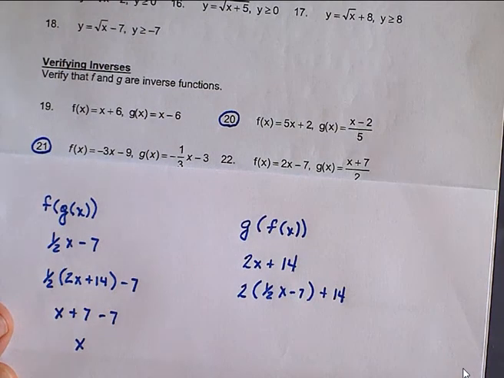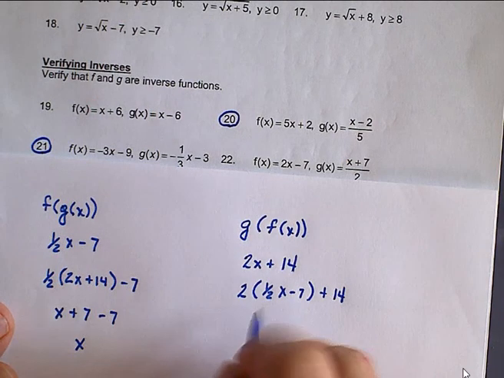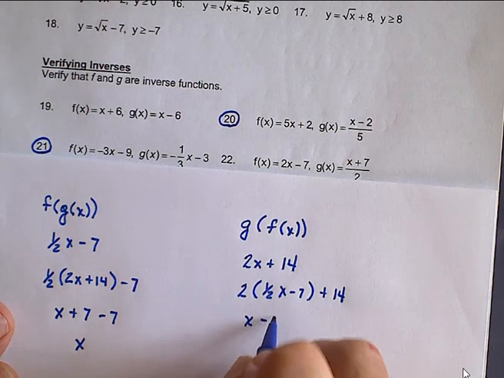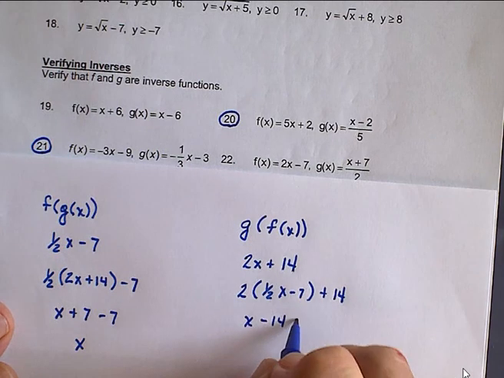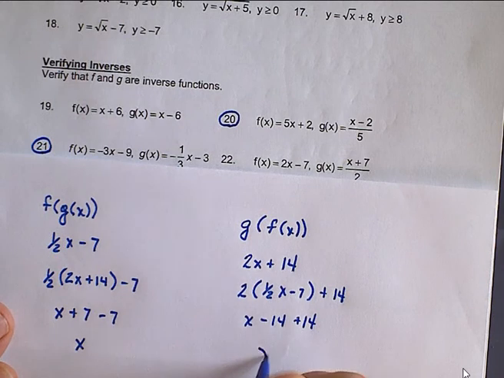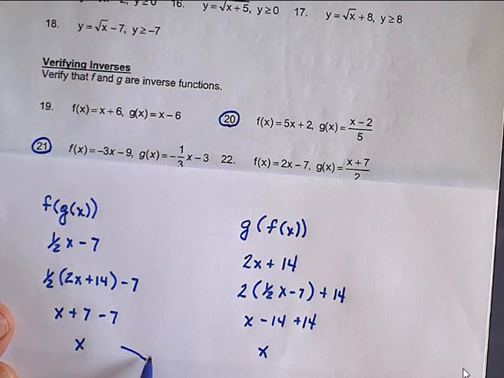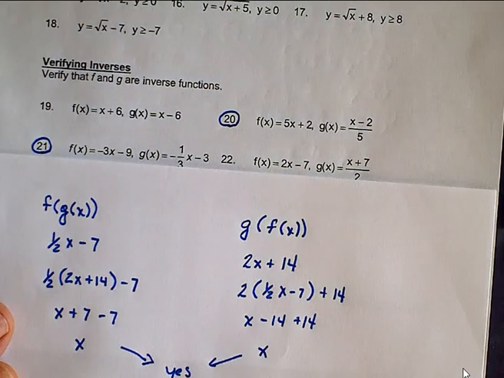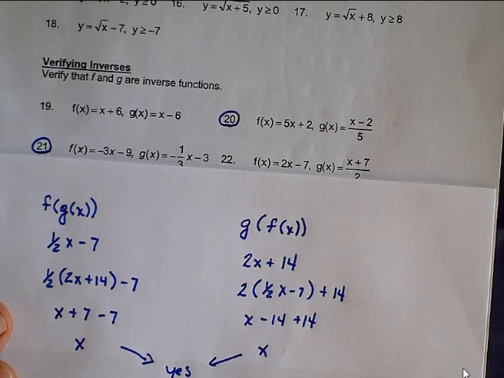And distribute the 2 through. You get x minus 14, and then bring down the plus 14. And again, the 14s cancel, you're left with x. So based on this is x and this is x, we can say yes, the two functions are inverses of each other.